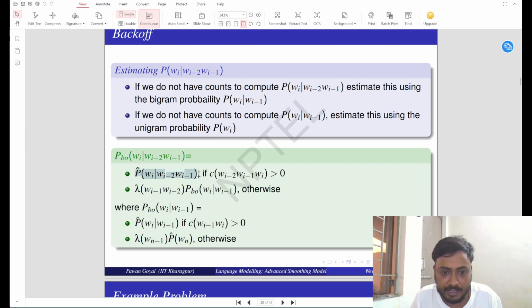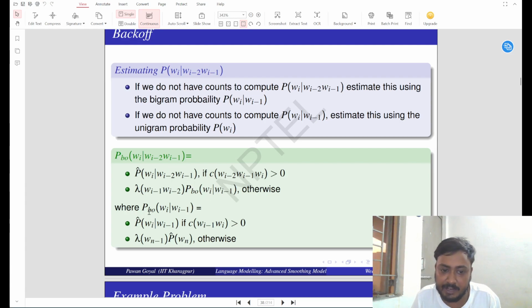You use the discounted value if the actual probability is greater than 0. However, if the probability is 0, we use the back off estimate of one gram less. Here it was a trigram estimate, we replaced it with a bigram estimate, and it has to be weighted with a lambda based on that particular bigram. And then this is a recursive process.